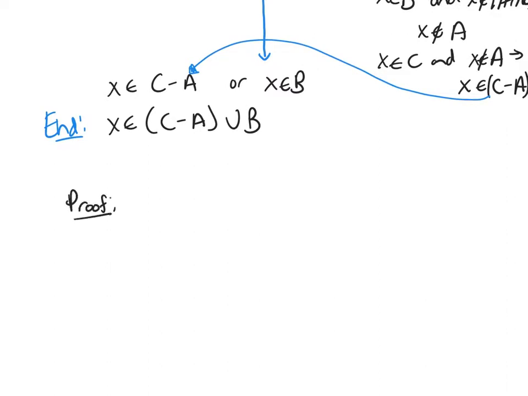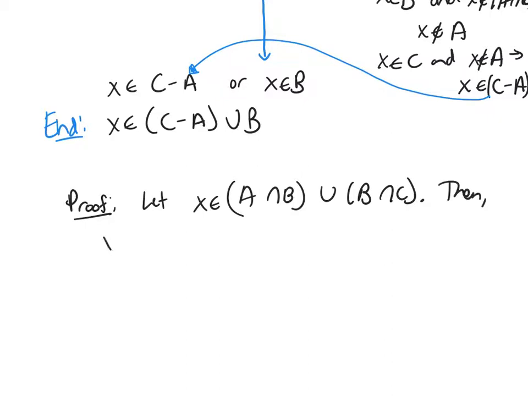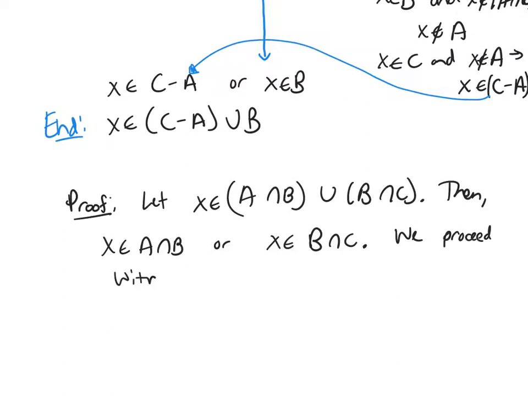So the proof, I would say, let X be in A intersect B union B intersect C, then X is in A intersect B, or X is in B intersect C. We proceed with cases.